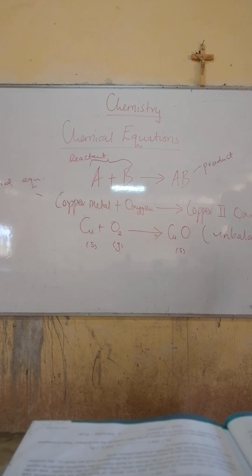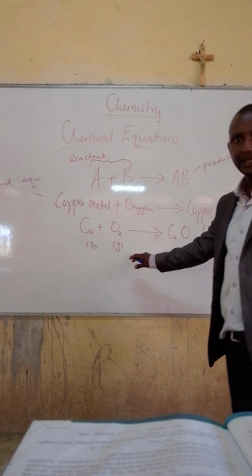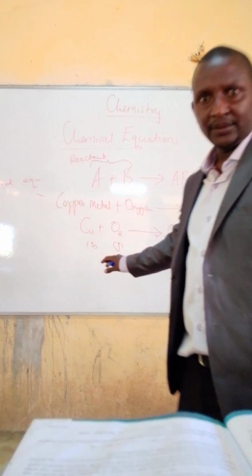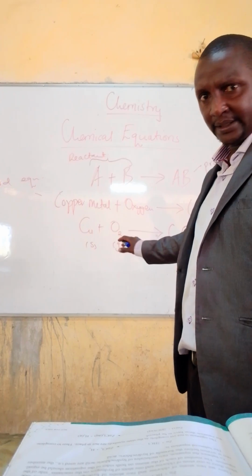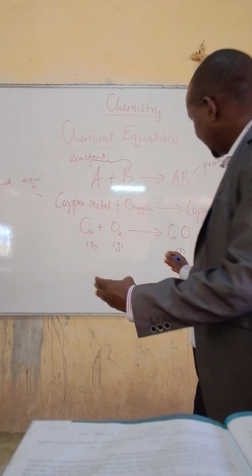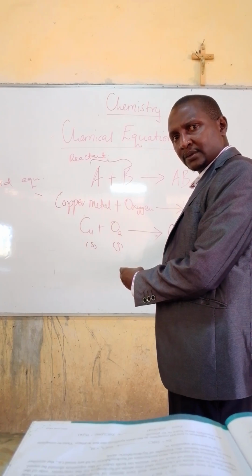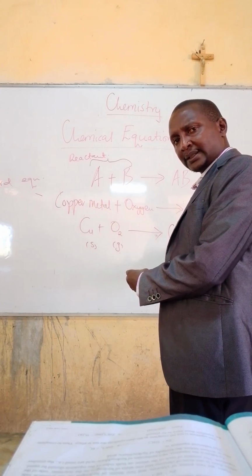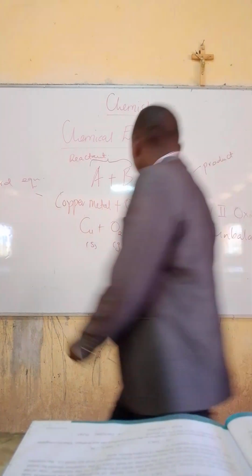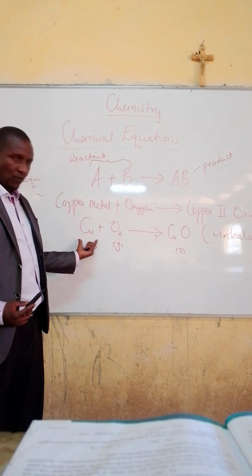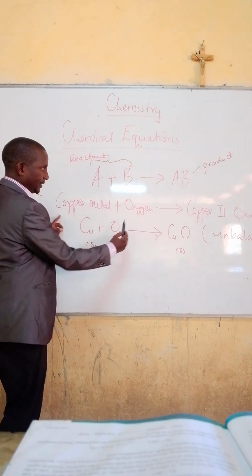Therefore, if you need to balance it, you have to count the number of atoms of each element on the reactant side and the number of atoms on the product side. For instance, copper is 1 on the reactant side.